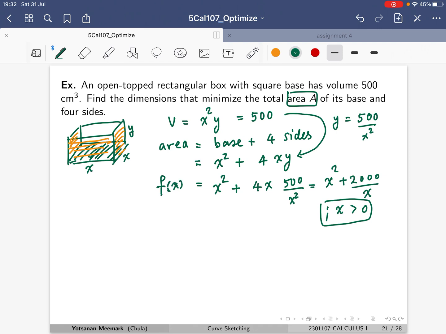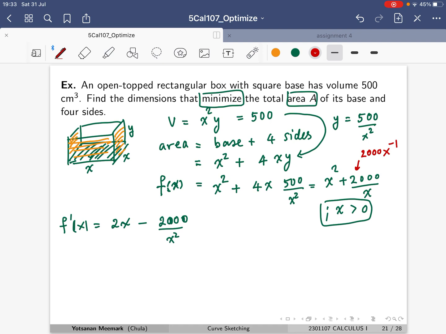So it means that we are going to use this function f of x and find a local minimum. Because you need to minimize, to find a local minimum, you first find the first derivative to find the critical value. So you have 2x minus 2000 over x squared, because this one is simply 2000 times x raised to the power negative 1.